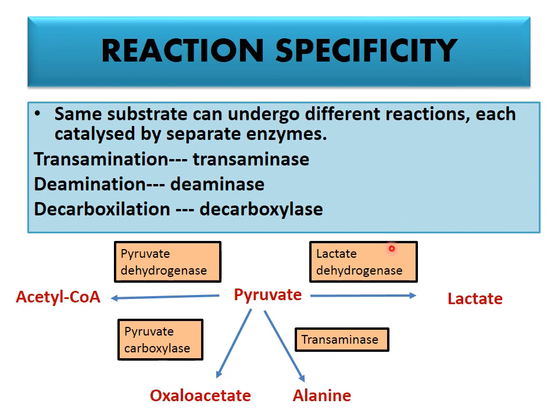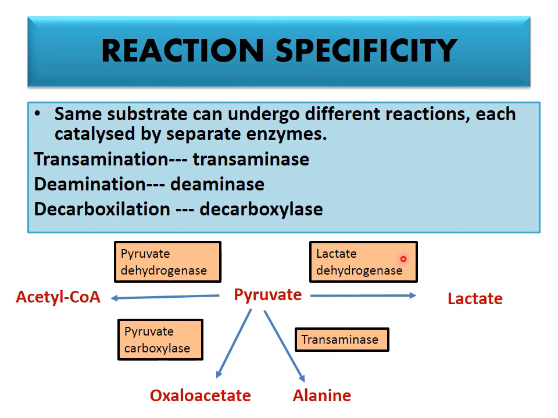Like you can see, pyruvate in the presence of pyruvate dehydrogenase is converted into acetyl coenzyme A. When pyruvate shows a carboxylation reaction, it is converted into oxaloacetate in the presence of the enzyme pyruvate carboxylase.